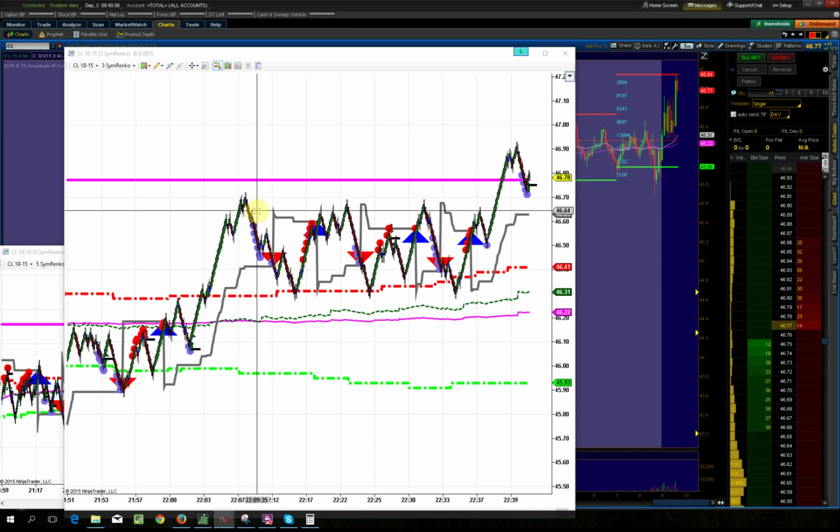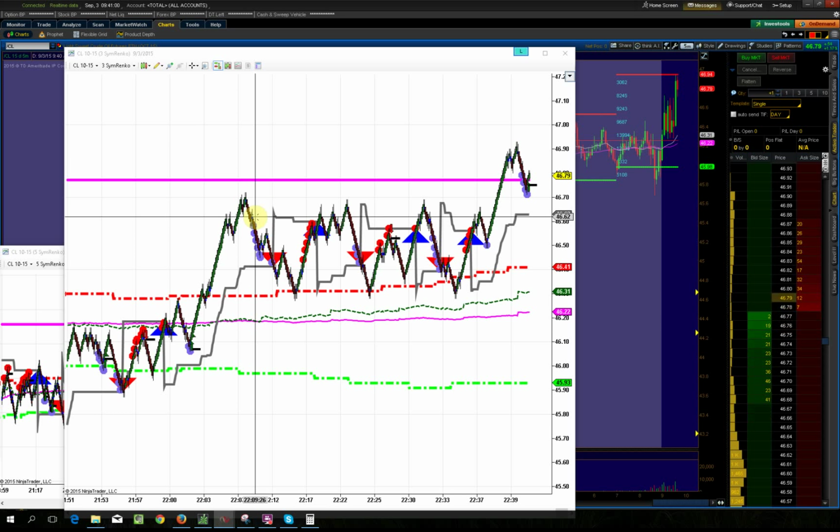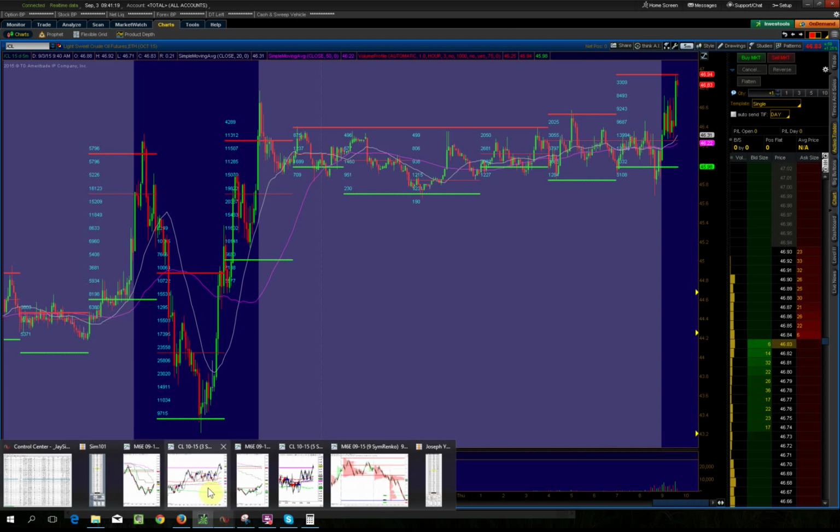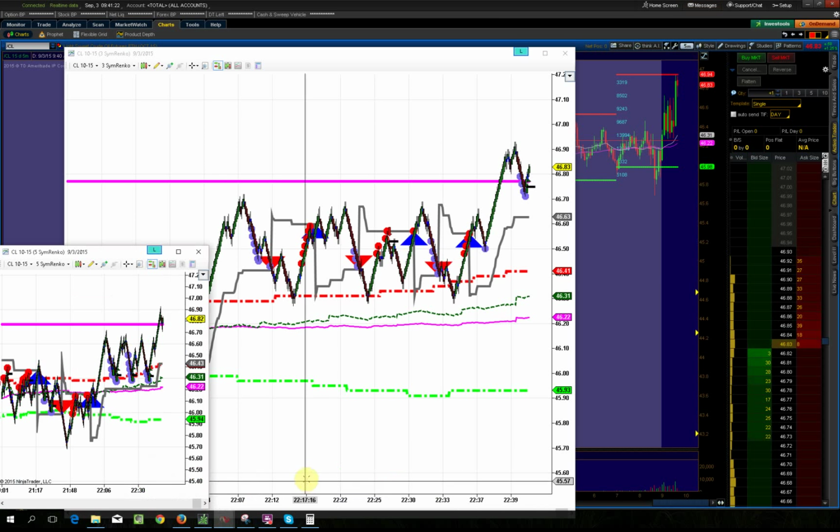If there's a signal at the 46.63, or it comes back down to the profile level, or even down here at the 56, this area, I'll look for it to come down, retrace, and then we can buy there. We'll see if it comes down and retraces deep enough off of this move.